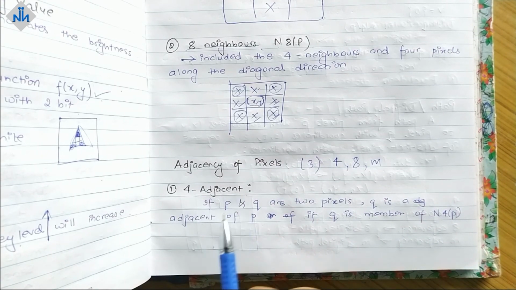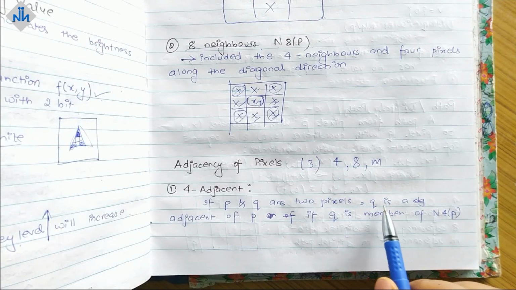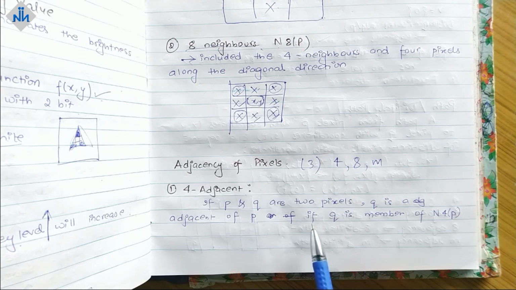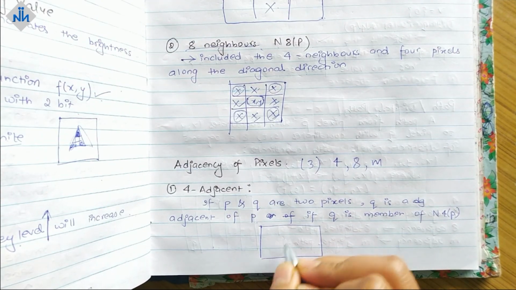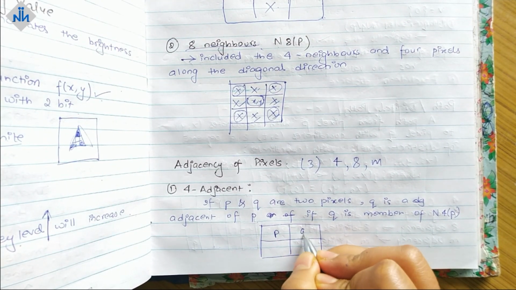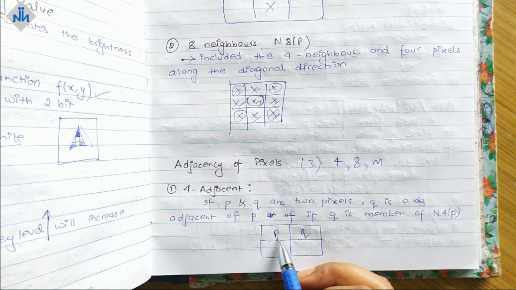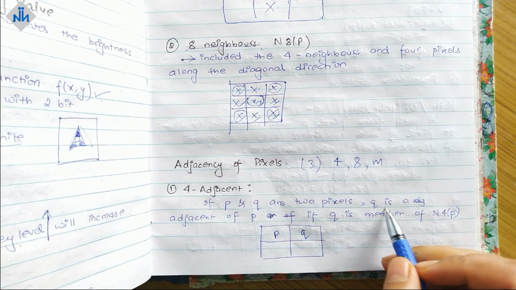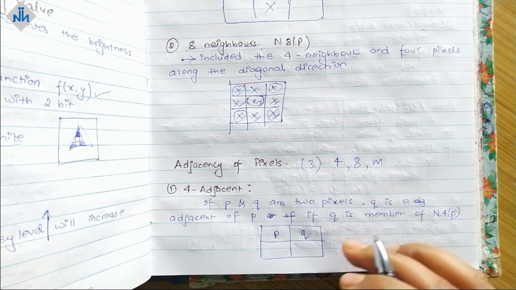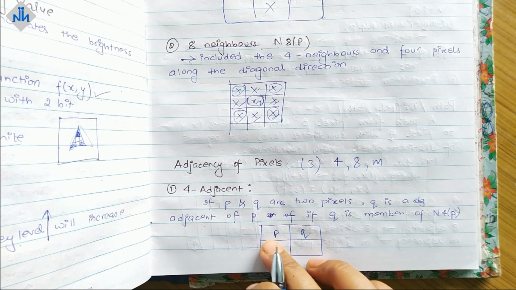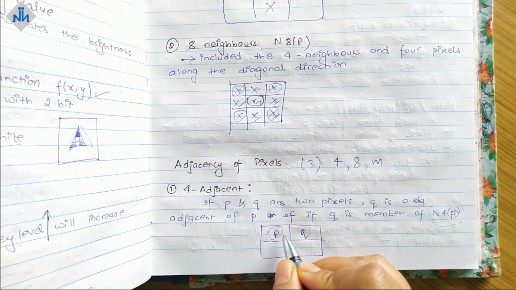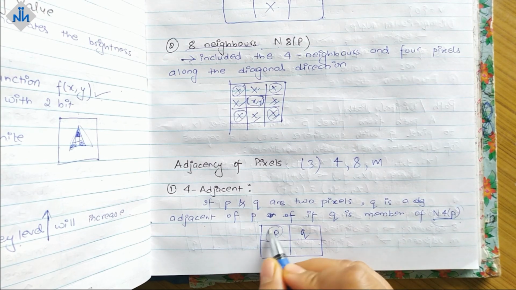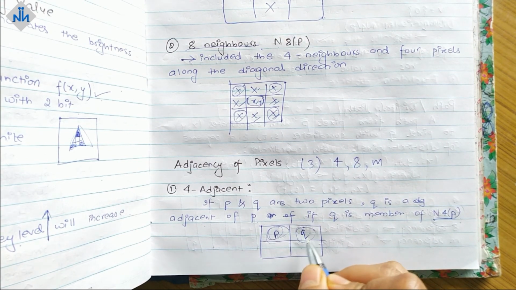4 adjacent: if P and Q are 2 pixels, Q is adjacent to P if Q is a member of N4(P). So we have our pixels P and Q. We find out the N4 neighbors of P, which will be this one and this one.